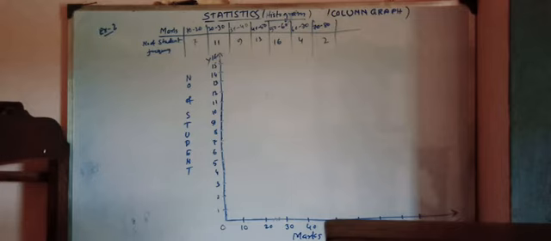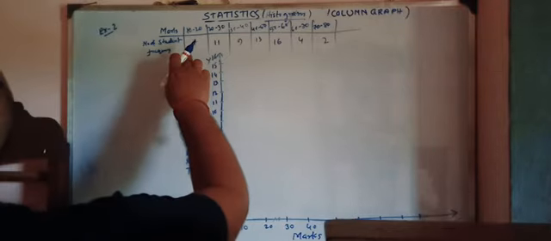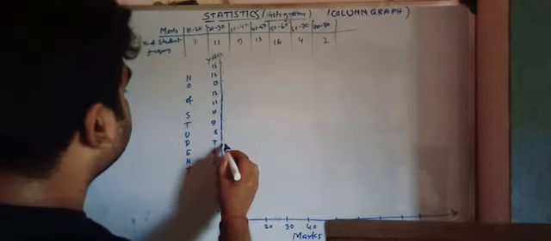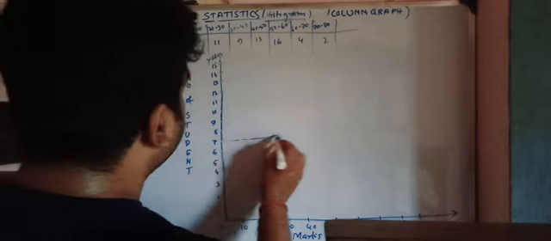I have given the idea how you can draw. Next, this is 10 to 20. From 10 to 20, the number of students is equal to 7. So we start from here, this is my 7. So if we label that, this is my 7.